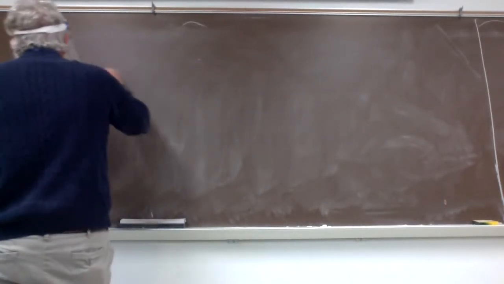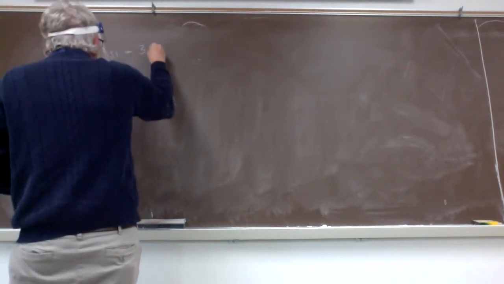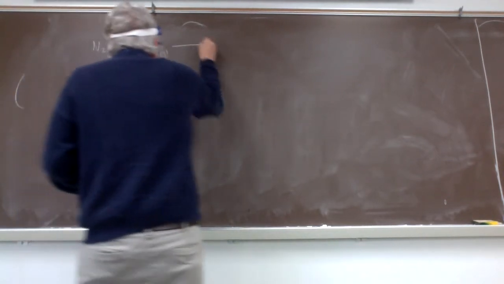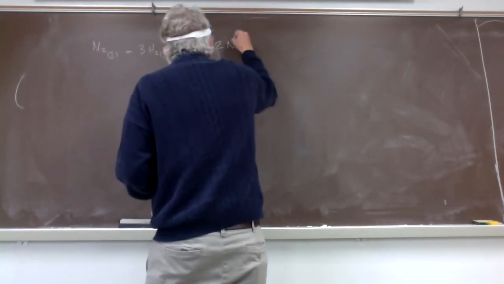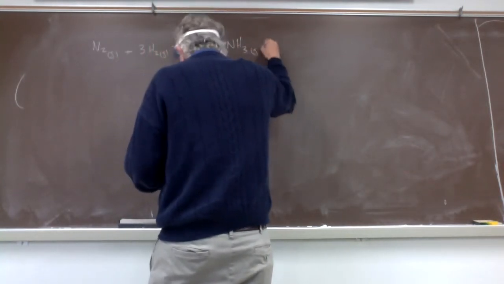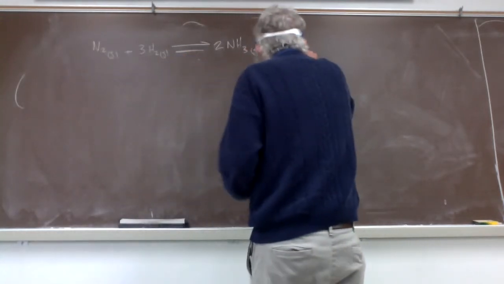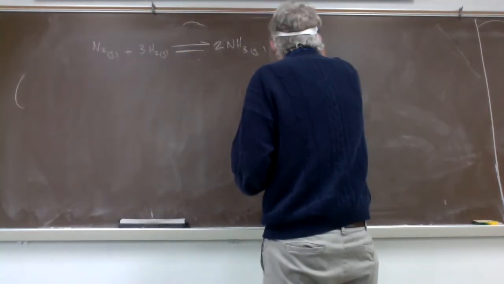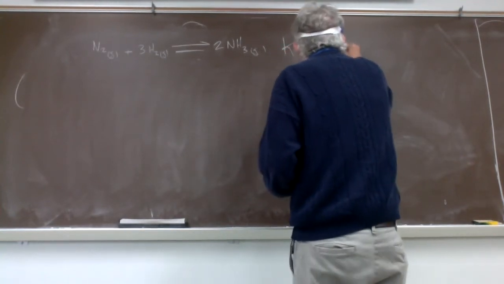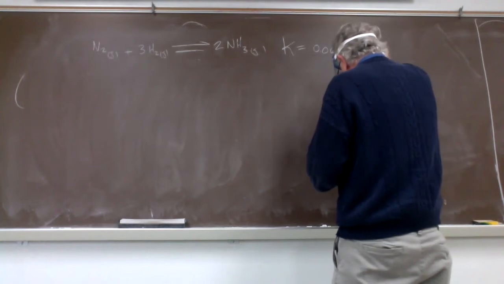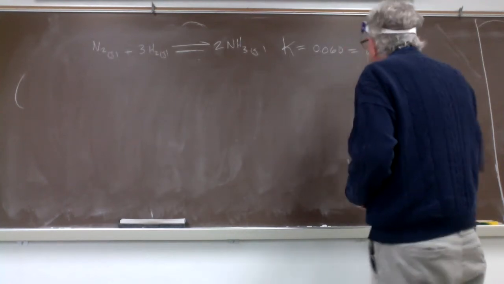Let's say we have nitrogen gas reacting with hydrogen gas to form ammonia gas. And say the equilibrium constant for this reaction is 0.060, which is equal to 6 times 10 to the negative 2.